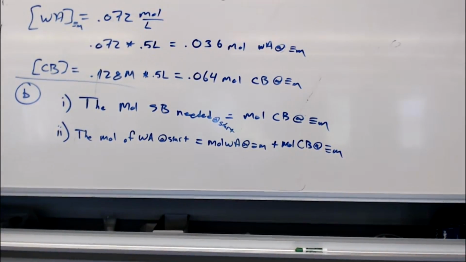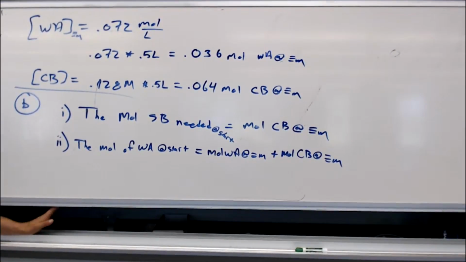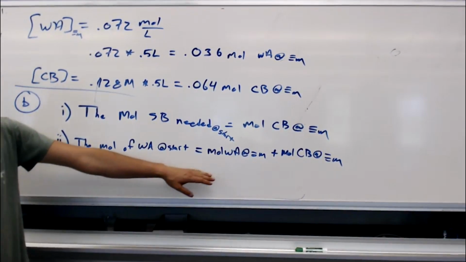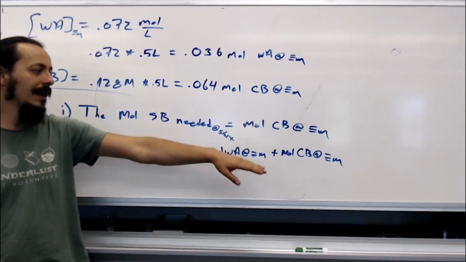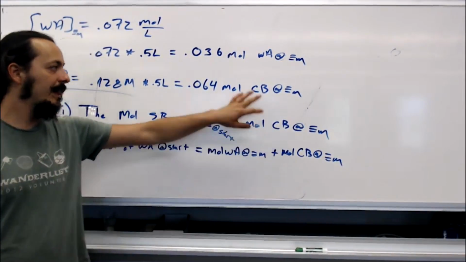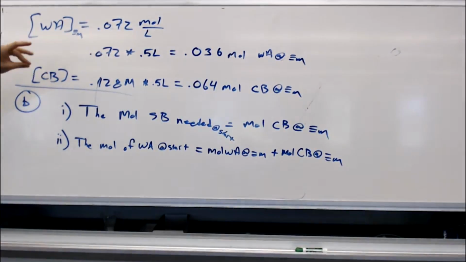Is that one okay as well? There are two easy arguments we could make for this. And notice, this means I already have the moles of strong base I need. It's 0.064 moles of strong base. And to get the moles of weak acid I want, I just have to add these two numbers together. We've all done that problem hopefully like a dozen times at this point in the quarter.